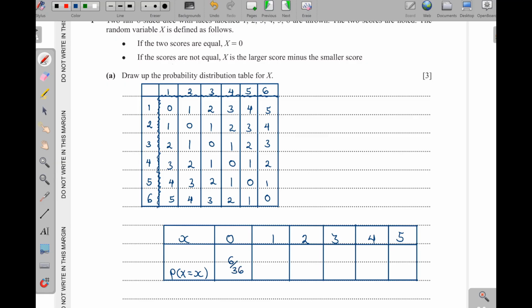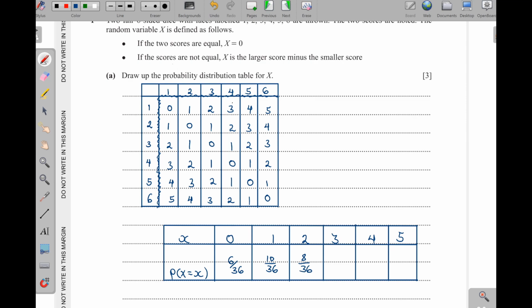And then for 1, we see 1, 2, 3, and 4, 5, 6, 7, 8, 9, 10. So those are 10 out of 36. Then 2s, we're seeing 1, then 2, 3, 4, 5, 6, 7, 8. So we shall put 8 out of 36.